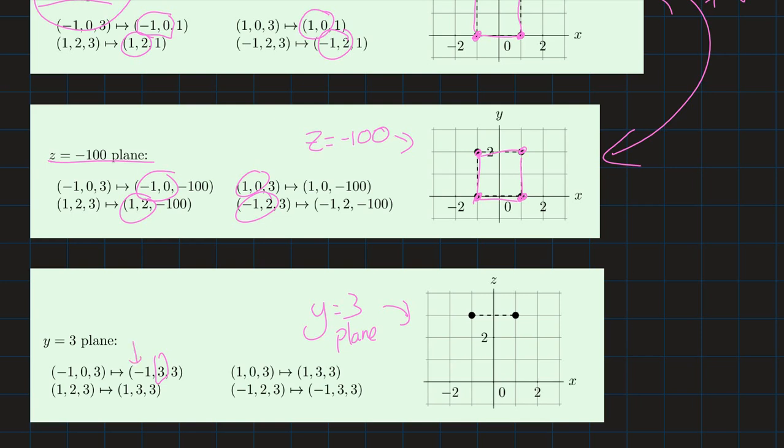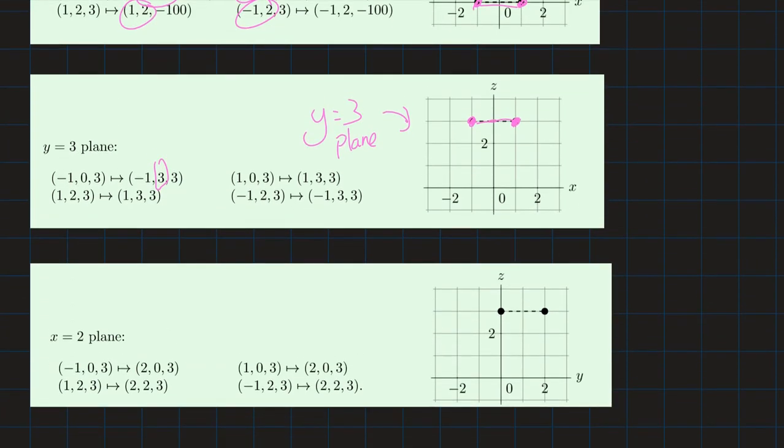The first point is x equals -1 and z equals 3, so (-1, 3), that point there. This one is (1, 3), that point there. This one is also (1, 3). And this one is (-1, 3). So you just get two points because they're double points, and the image is just this short line segment.